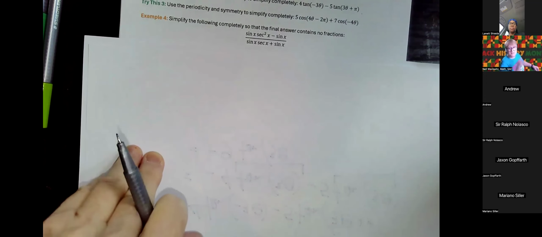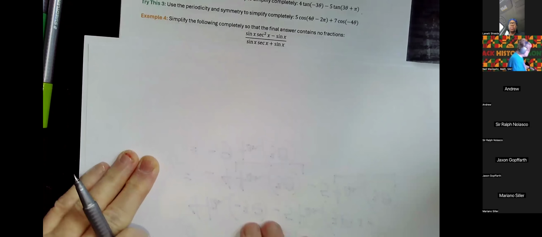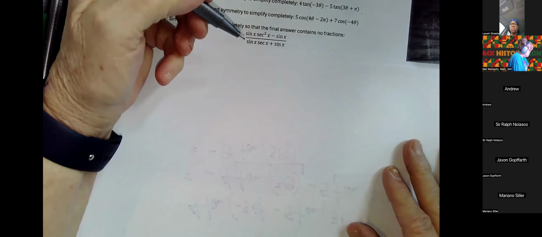And usually as simple as possible means one trig function, and I think we've got two going on. So what do you want to do to start to simplify this?